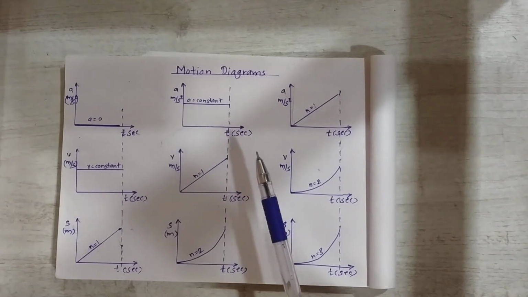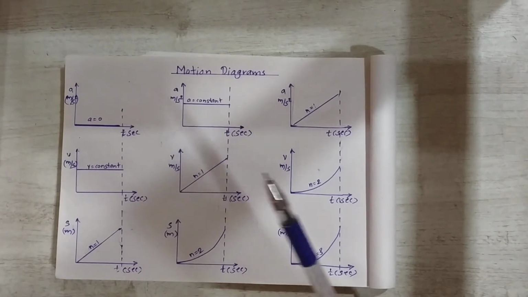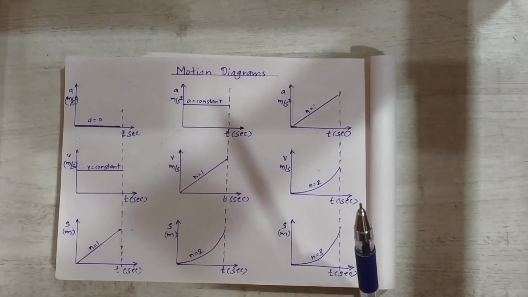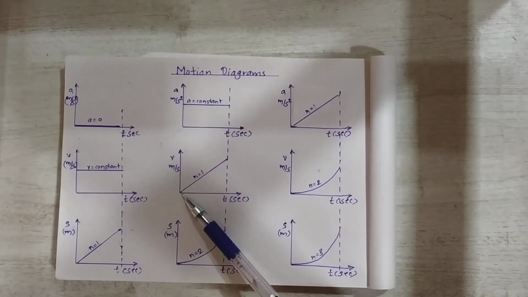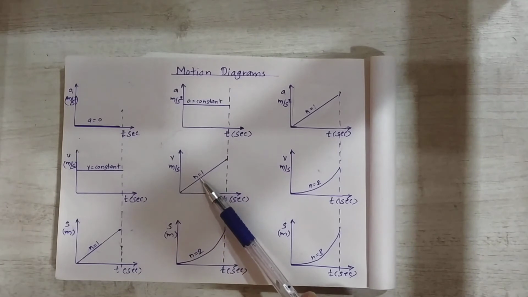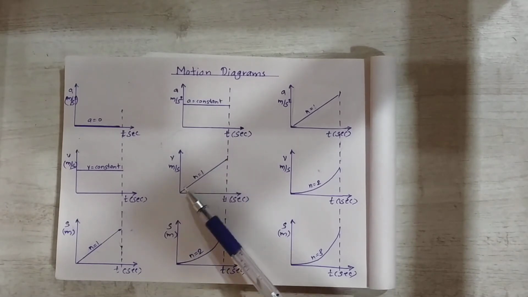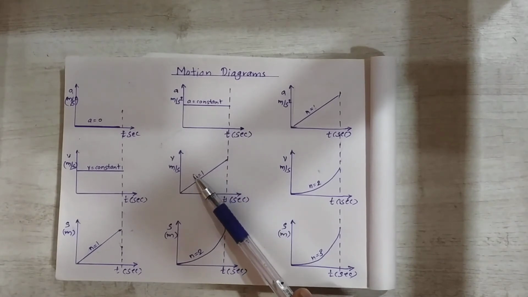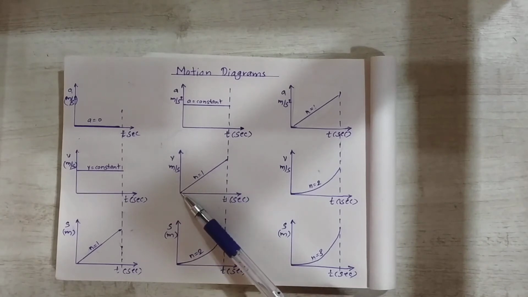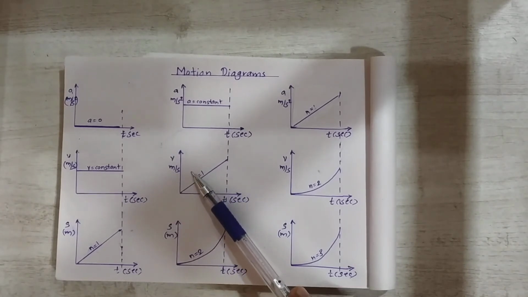When acceleration is constant, our velocity continuously goes on increasing. This line shows our velocity continuously increasing. That is a linear slope, so it has degree 1. Any inclined line has degree equal to 1.